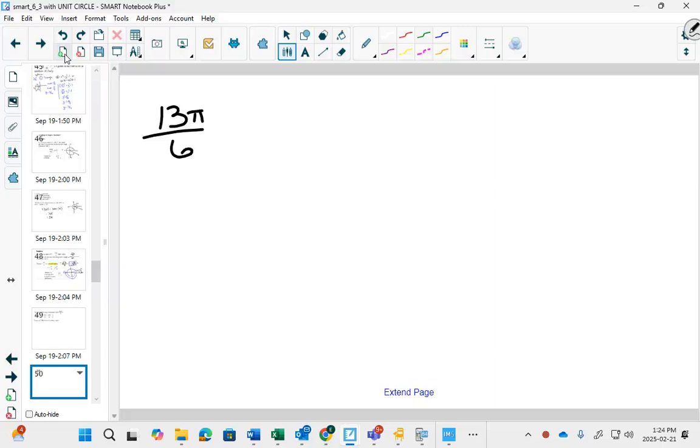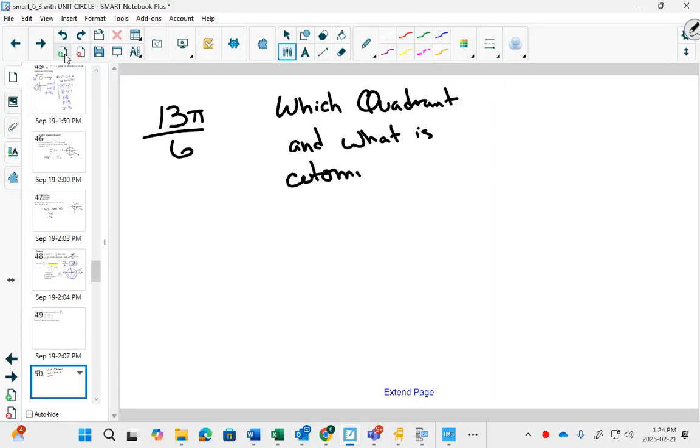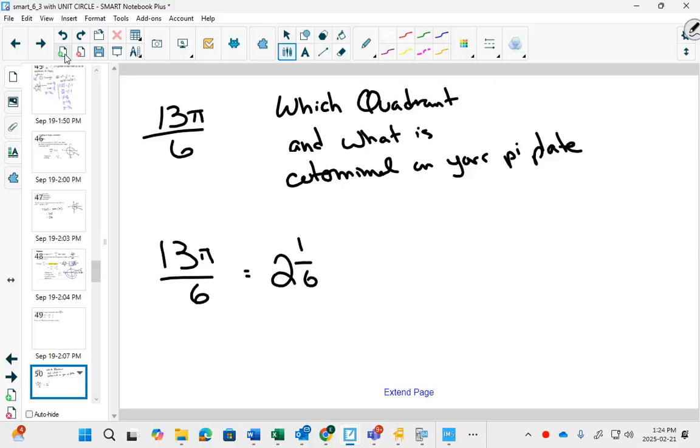So assignment 1 wants you to find out which quadrant it's in, and what is coterminal on your unit circle or on your pi plate. So 13 pi over 6. If I change that to a mixed fraction, is 2 1/6 pi.